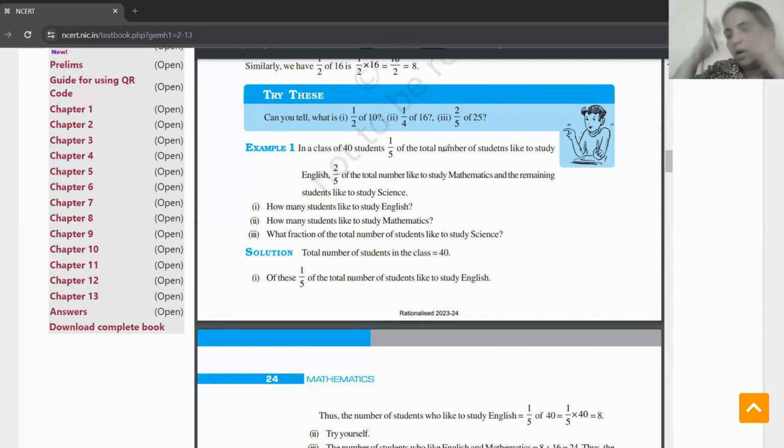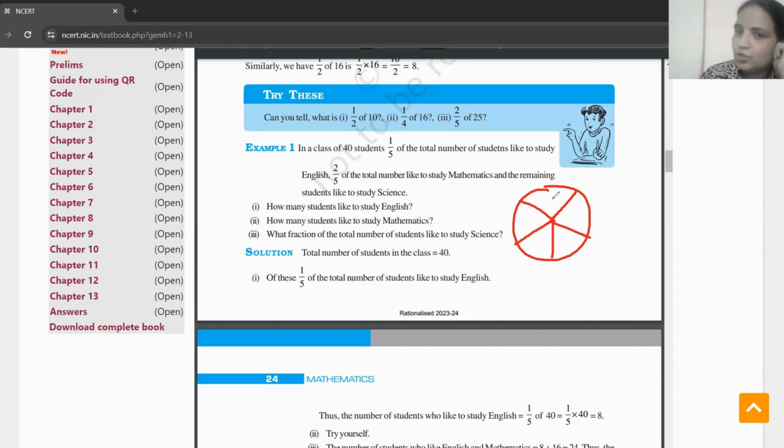So let me tell you how to visualize that. 2/5 of 25 means 25 could split into 5 pieces. So if this is 25, split that into 5 pieces. Like this. So this will be 5, 5, 5, 5, 5. This is 25.